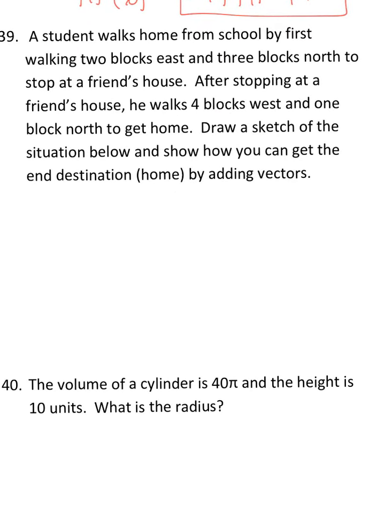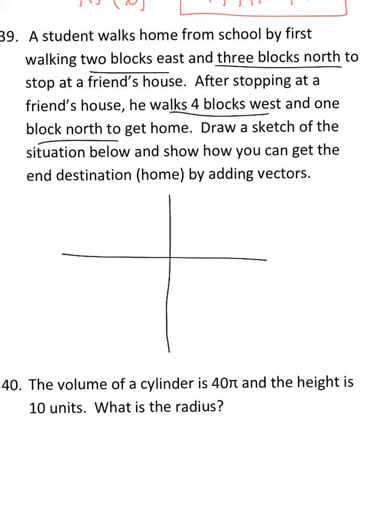Okay, a student walks home first by walking 2 blocks east and 3 blocks north to stop at a friend's house. After stopping at a friend's house, he walks 4 blocks west and 1 block north to get home. Draw a sketch of the situation below and show how you can get the end destination by adding vectors.